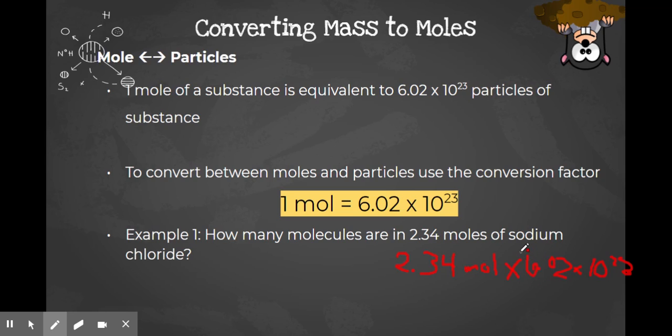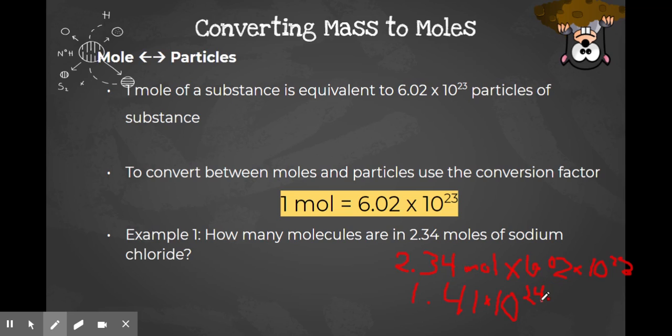So I got 2.34 times 6.02 times 10 to the 23rd, which gives me 1.41 times 10 to the 24th.